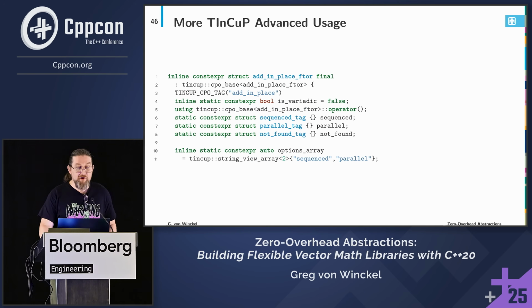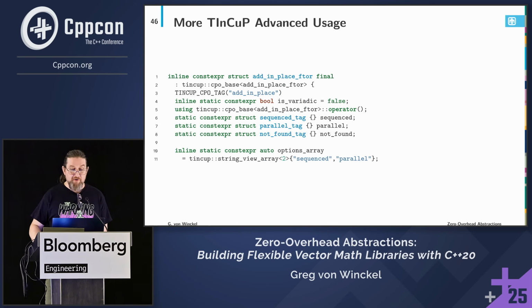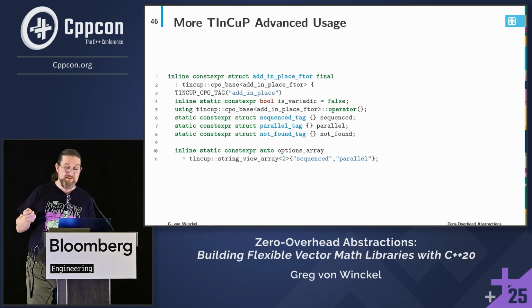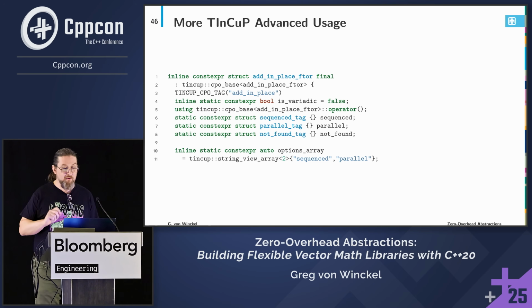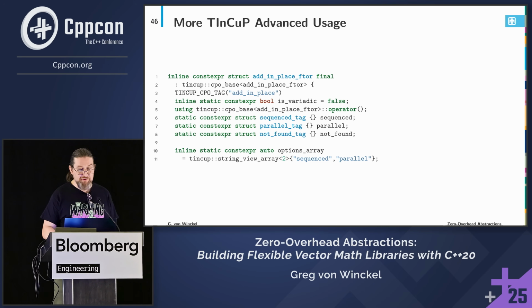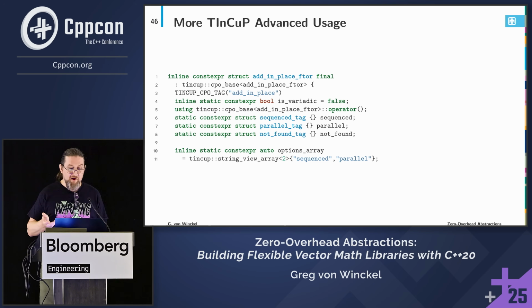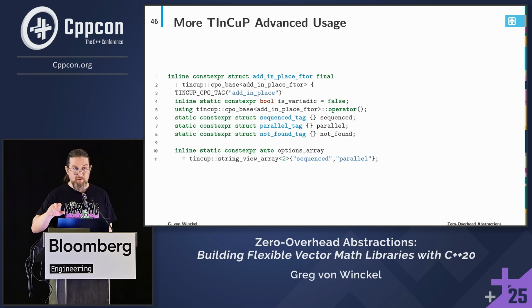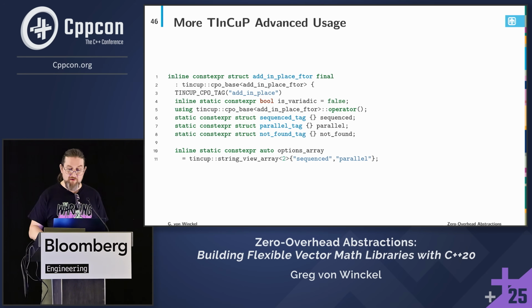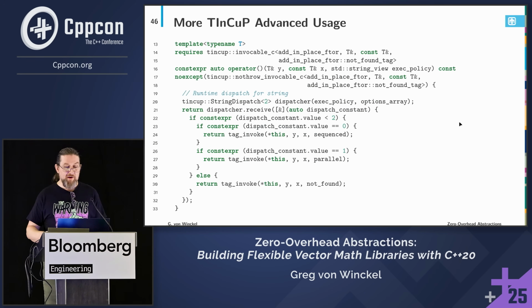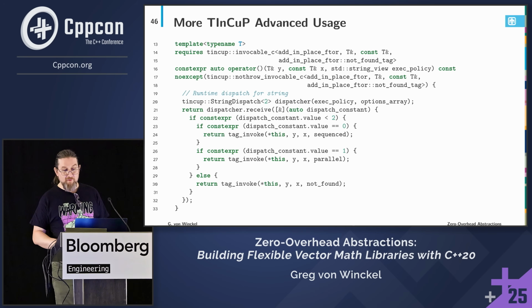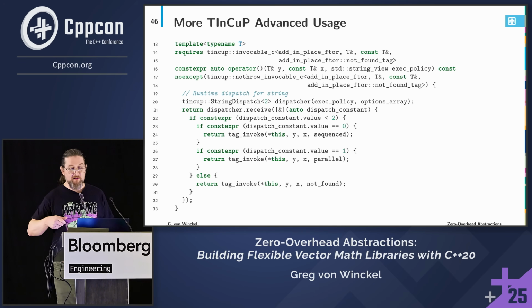And this will then generate a rather large bit of code where each of these things gets a different tag that is a member of the CPO class. And it will generate an array of string views that contains each of these compile time strings. And then you can use these in two different ways. One of them would be to use the type directly so that this defines different overloads for the methods.